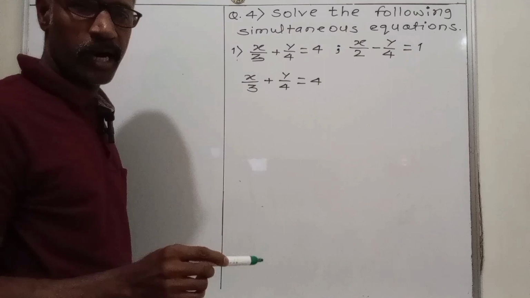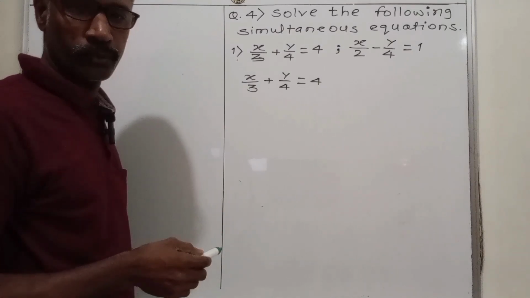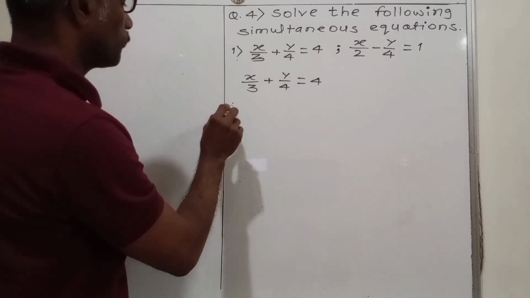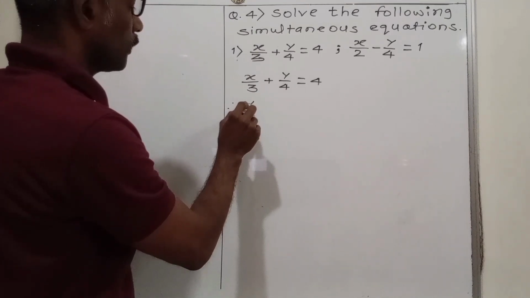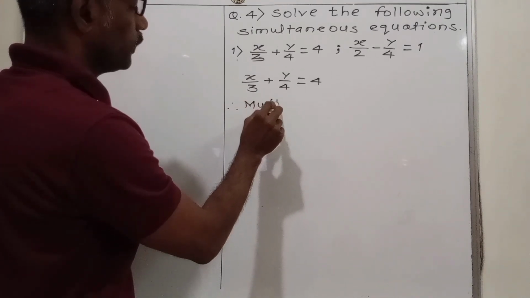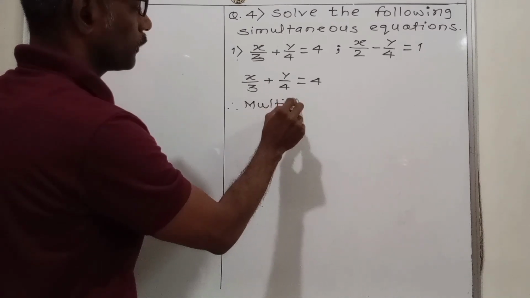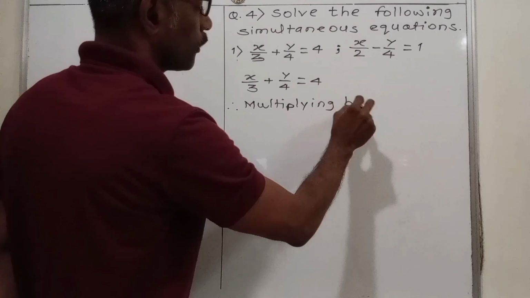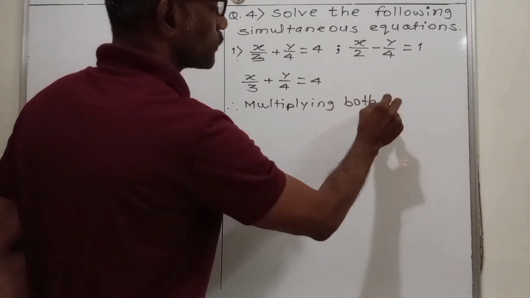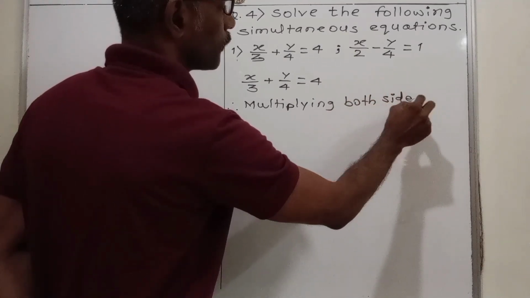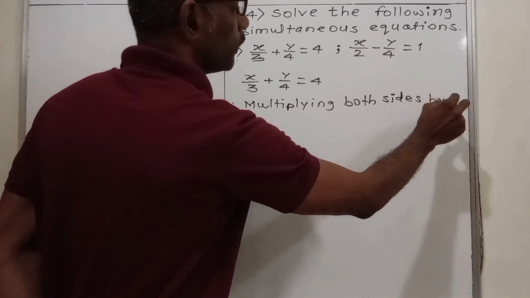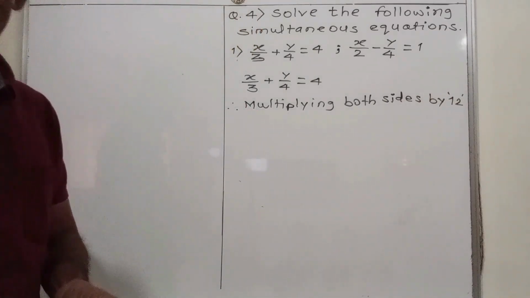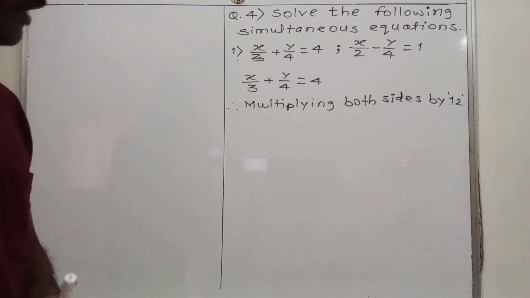But divisible by 3 and 4. Did you get it? Then 12. Therefore, multiplying both sides by 12.